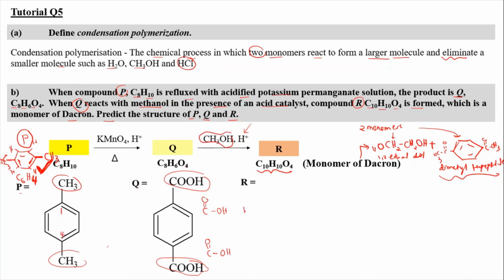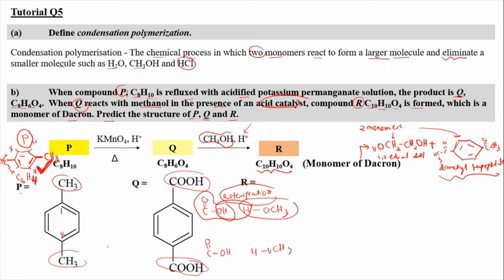So methanol here is going to act as an alcohol. So when we have our carboxylic acid and we have our alcohol, they can react together and remove OH and H. So they will undergo the process of esterification. Okay, and the esterification is verified, diperakui dengan adanya acidic catalyst.